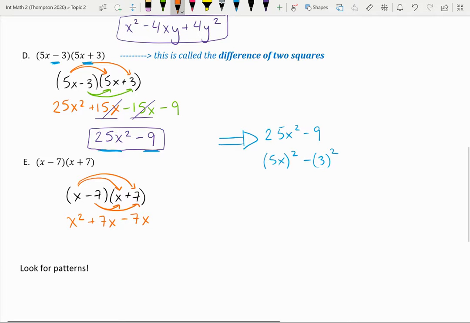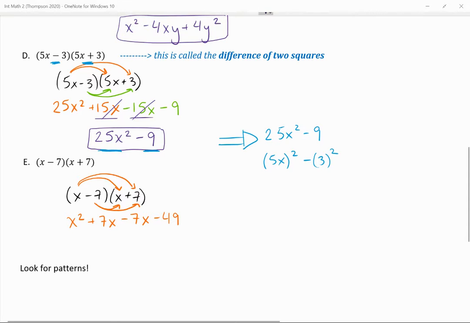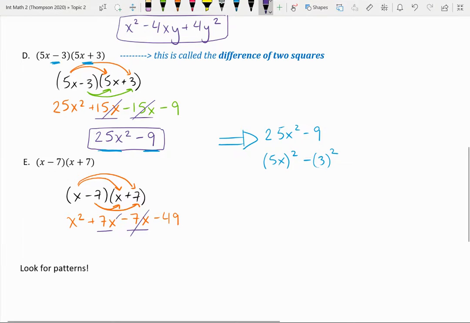Negative 7 times positive 7 is a minus 49. So I combine like terms. Plus 7x minus 7x. I didn't change colors partway through this problem, but feel free to do so. And these cancel because they're the exact opposites, and that leaves me with x squared minus 49.